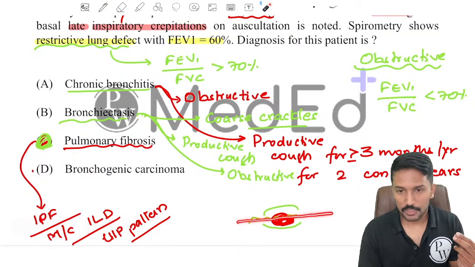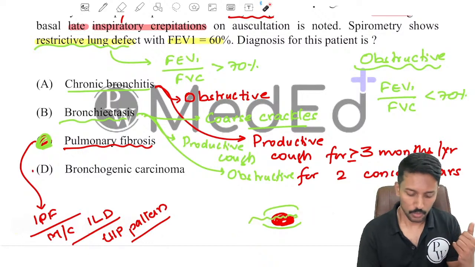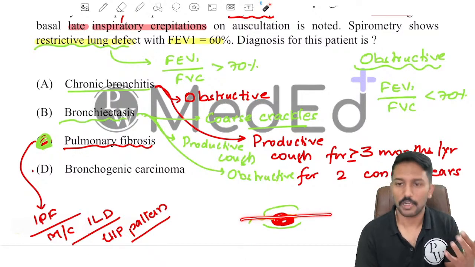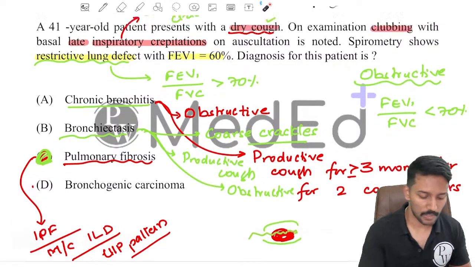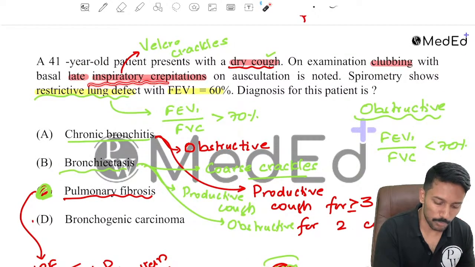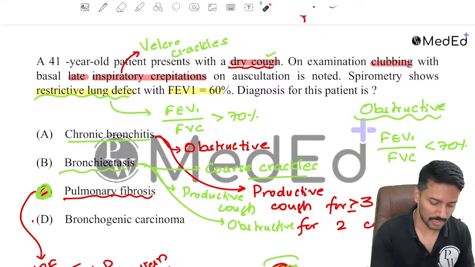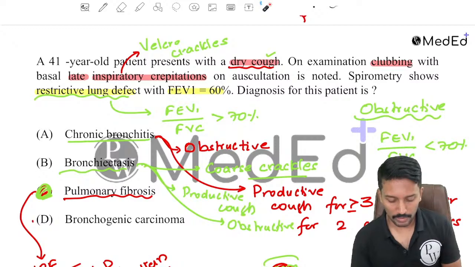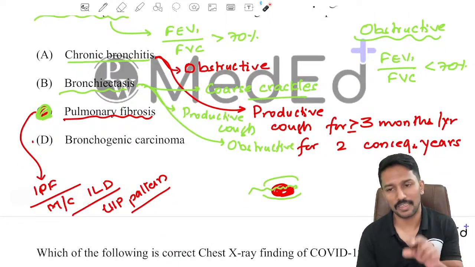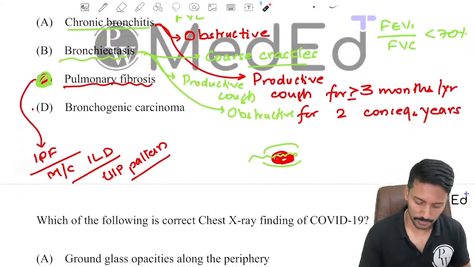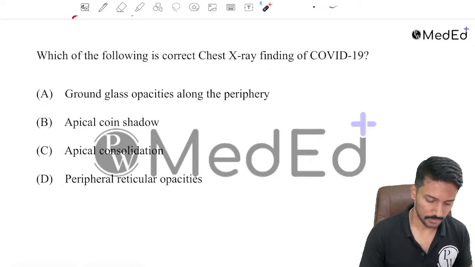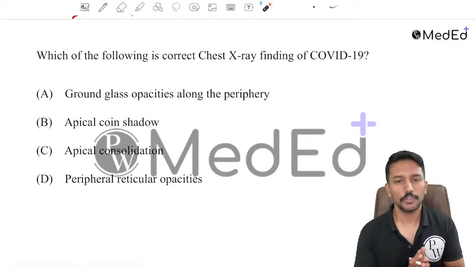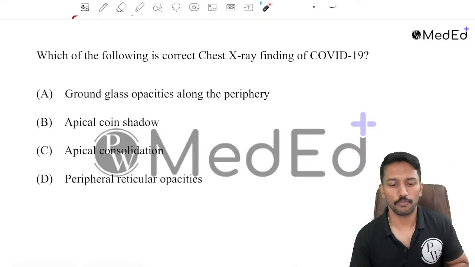During inspiration, air is moving, that will create a crepitation. During expiration, again air is moving out, that will also create crepitation. So when you have crepitations only in the end portion of inspiration, that again goes against bronchiectasis. If it is cylindrical, you will have the signet ring sign and tram track sign on the X-ray or HRCT. Okay, which of the following is the correct chest X-ray finding of COVID-19?